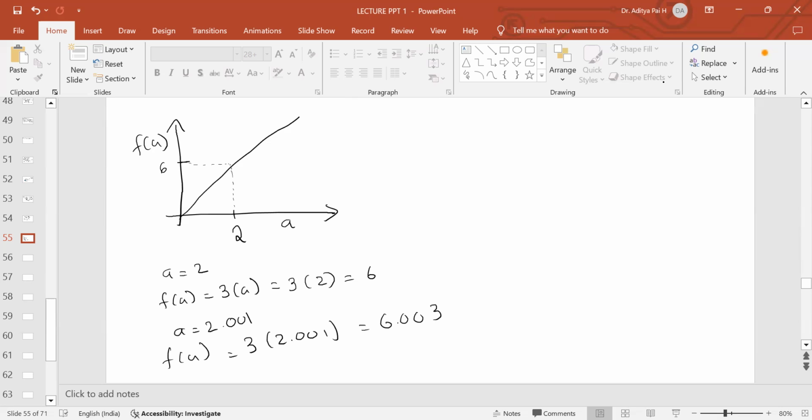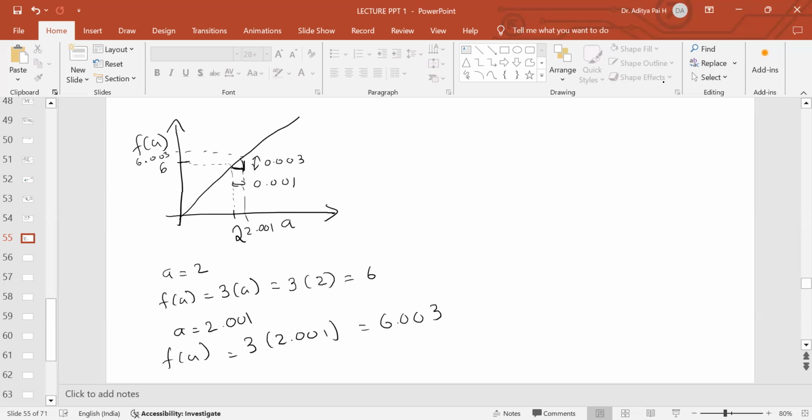So what you can see is that I have changed my input to 2.001, a difference of 0.001, and my output has increased by 0.003. When I look at this difference, it is 0.003, and this difference is around 0.001.